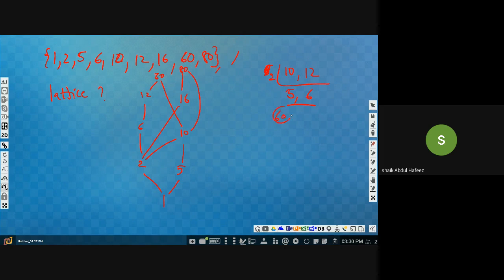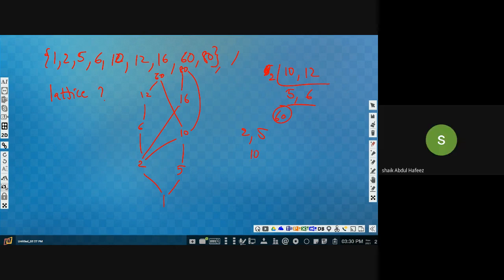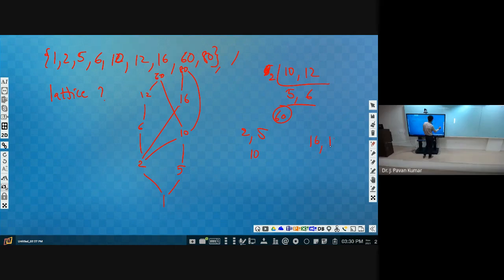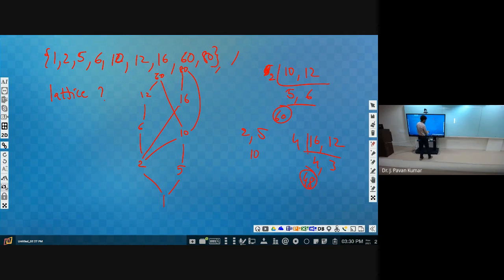Okay. What is the LCM of 2 and 5? 10. What is the LCM of 16 and 12? 4, right? Will be 16, 48, right?